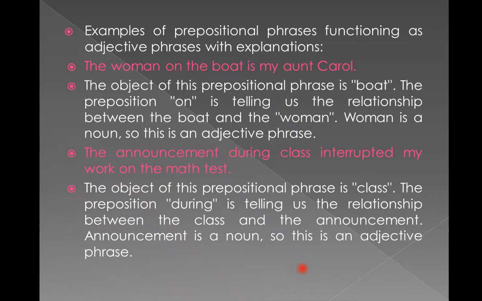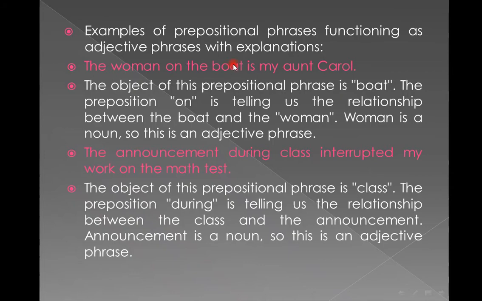The first example is, the woman on the boat is my Aunt Carol. We see here the object of this prepositional phrase is boat. On the boat is the prepositional phrase. This preposition on is telling us the relationship between what?